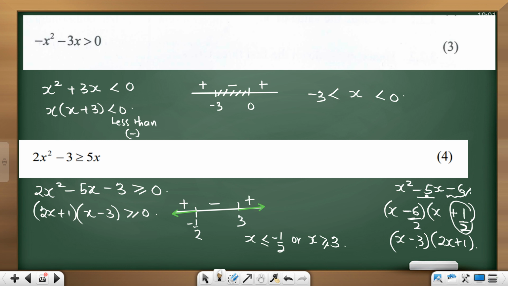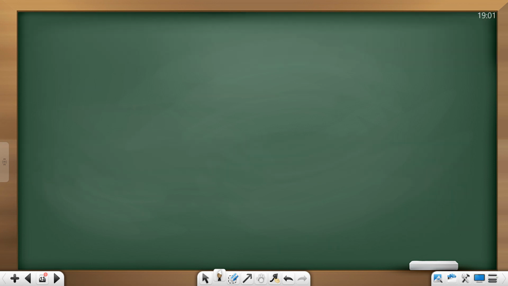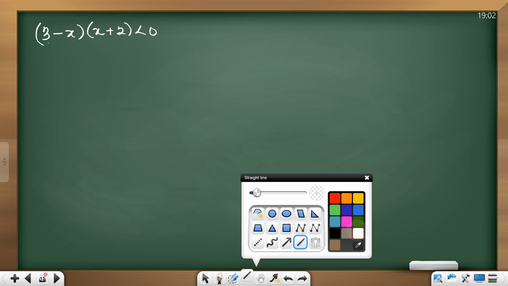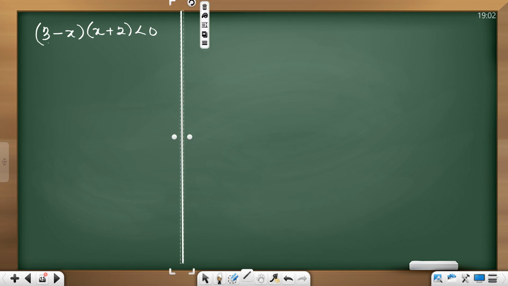All right, guys. I hope you learnt again there. Let's enjoy maths without calculators. Before I go to surds, please solve this for me. 3 minus x, x plus 2, less than 0. I have 3 questions for you. That's 1.